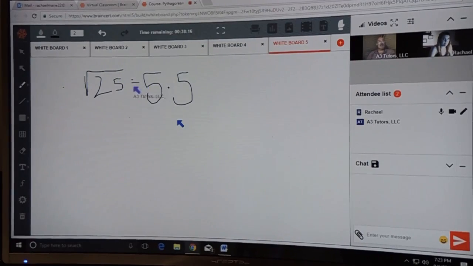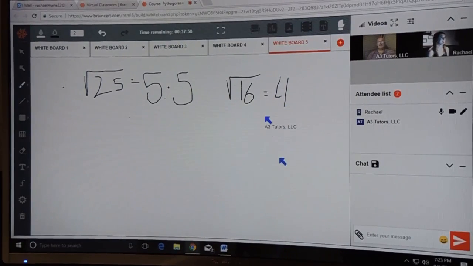Okay, so that's kind of the gist of square root. Let's see, what's the square root of 16? Good, fantastic.